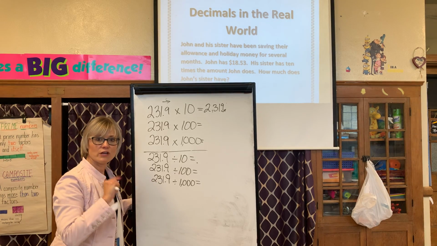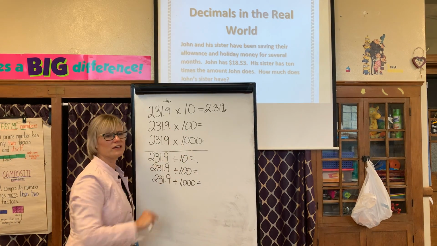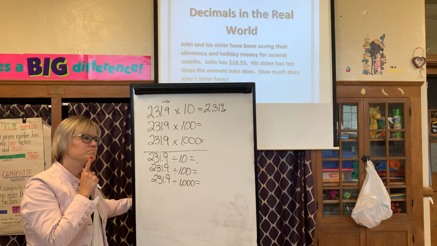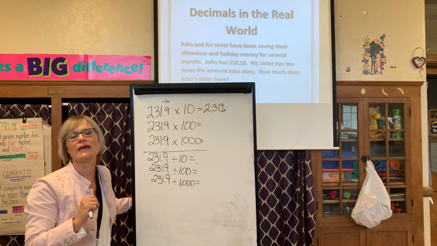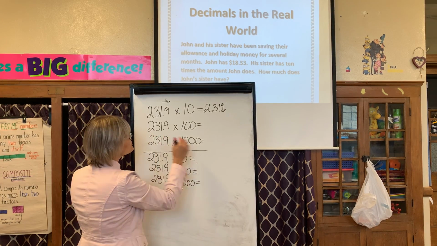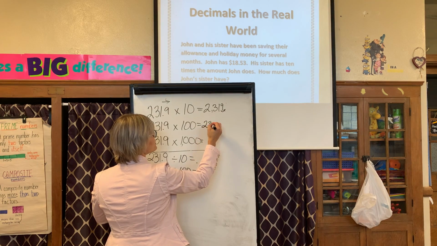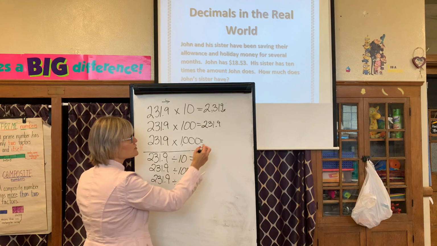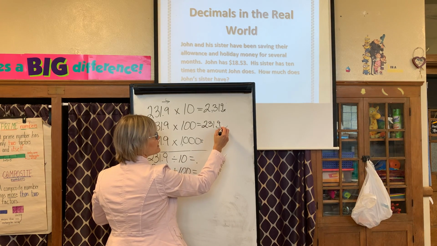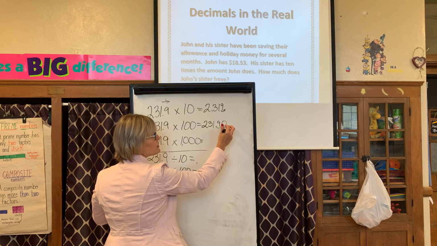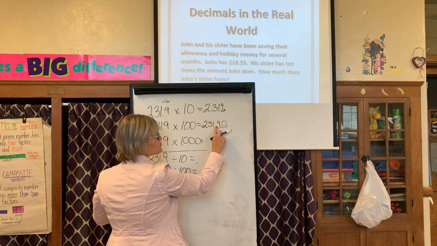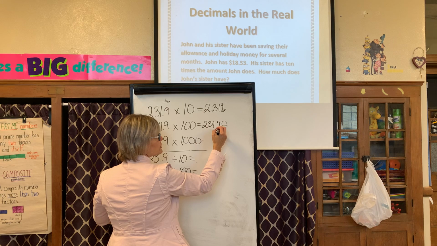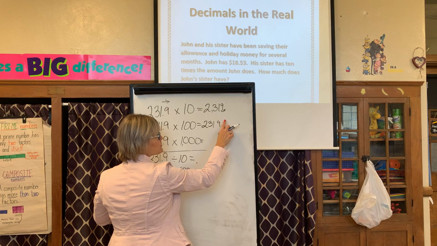So since now you know that, when we multiply times 100, what do you think we do? 2 zeros, we have to move it 2 places. So the original number was 231 and 9 tenths. So we're going to move that decimal 2 places. So we have to have a placeholder because now the decimal is over here, and when we move it 2 places, 1, 2, we have a blank space.